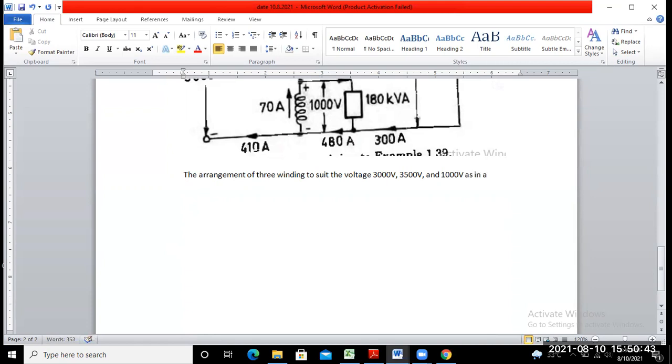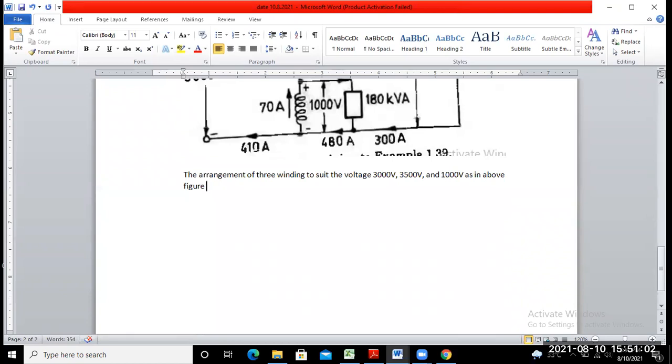Okay. You obtain this rating if the windings are connected in this way.